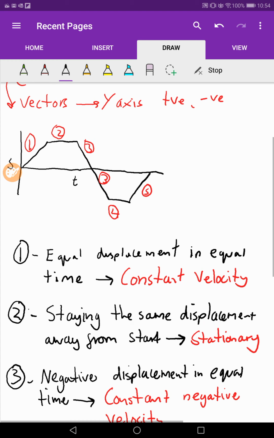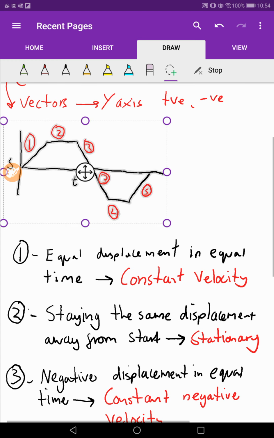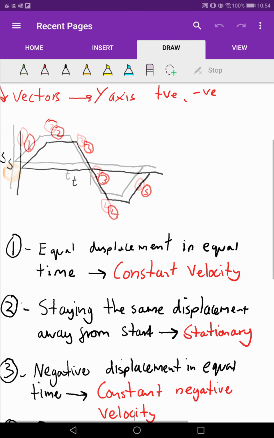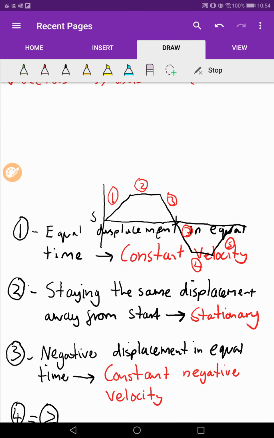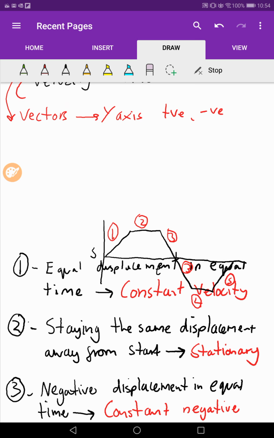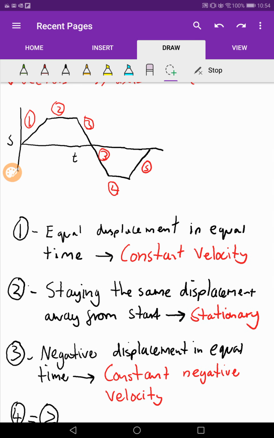Now, see if I can do something clever. Oh, no, that wasn't as clever as what I thought. This is just going to be in one take, so you might have to bear with me here.